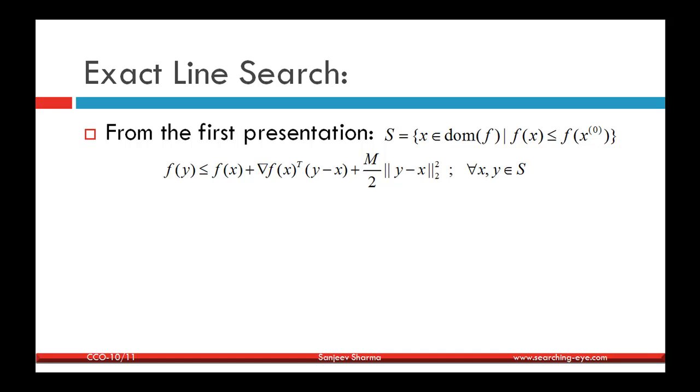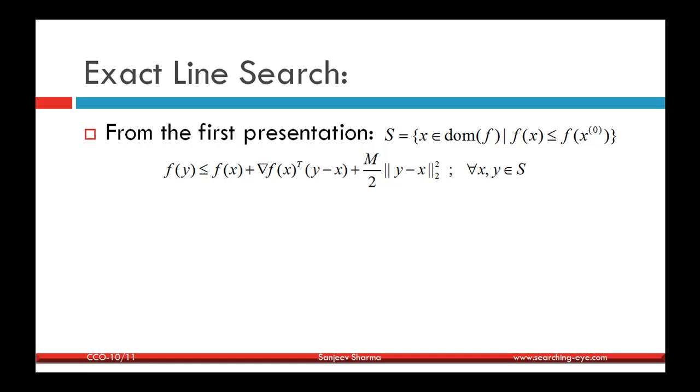From the first presentation we have S, the closed sublevel set, where S is the set of all x belonging to the domain of the function such that f of x is less than or equal to f of x0, where x0 is the initial starting point. This inequality holds for all x and y in S, as I discussed in the first presentation.